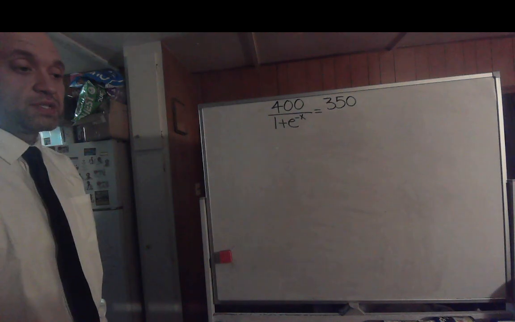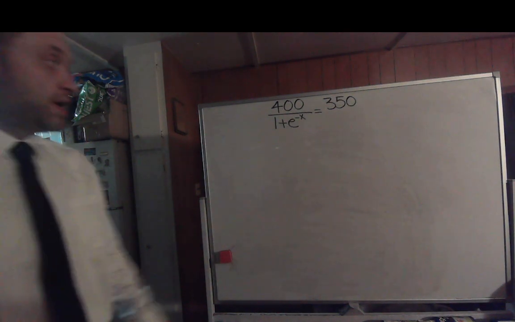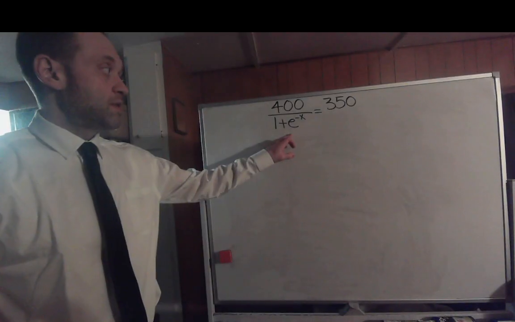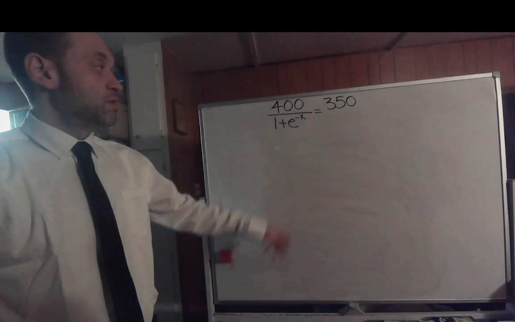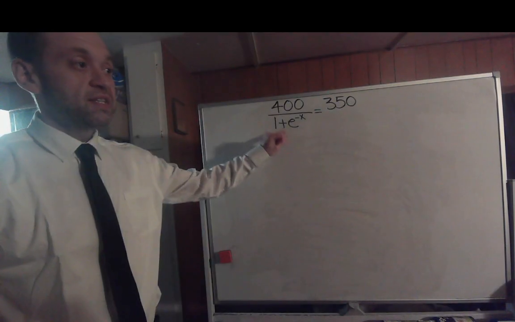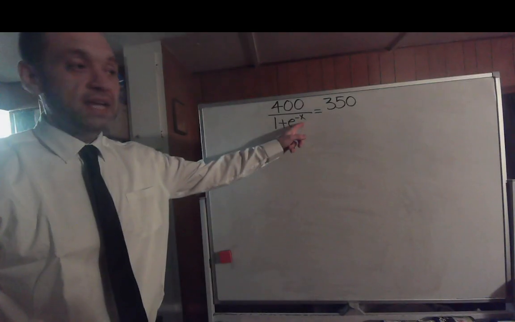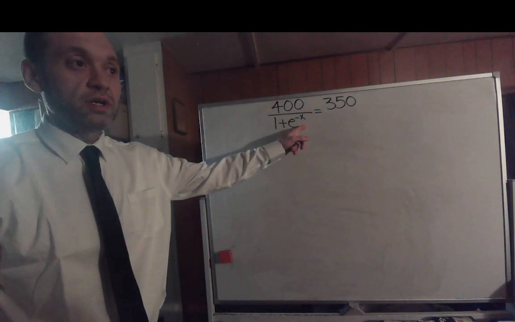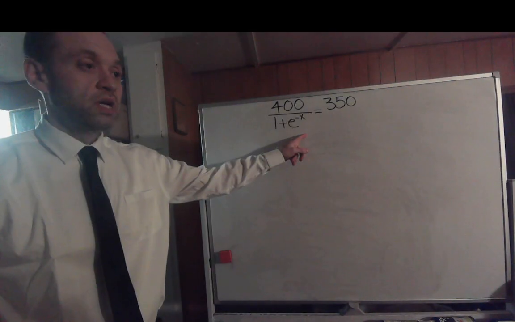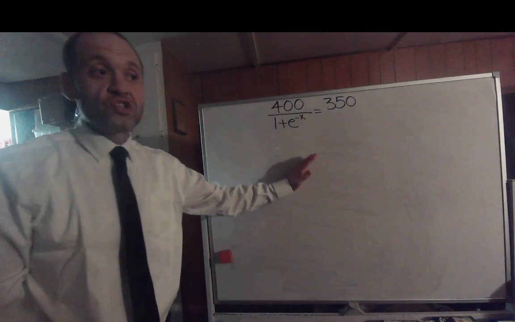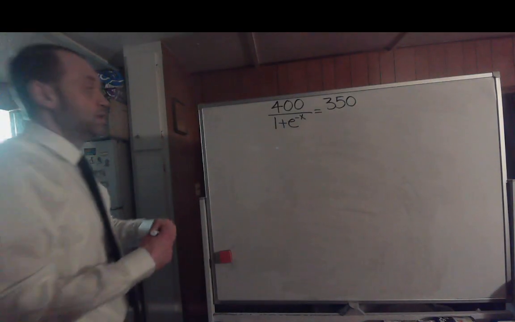What do I mean by extraneous solutions? Well, we have to look at the denominator. Is there a chance the denominator could equal 0? Well, that would have to mean that e to the negative x would equal negative 1, which we know isn't possible. So there won't be any extraneous solutions this time.